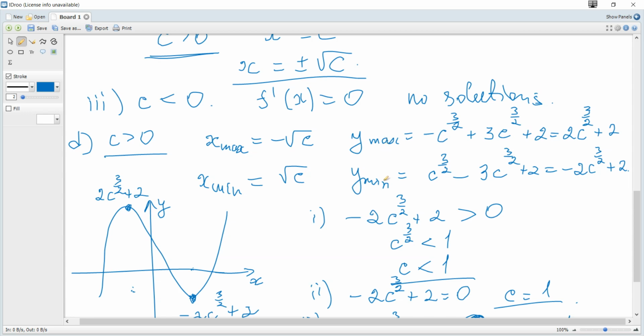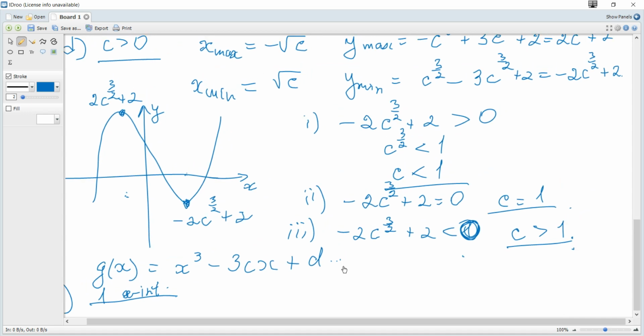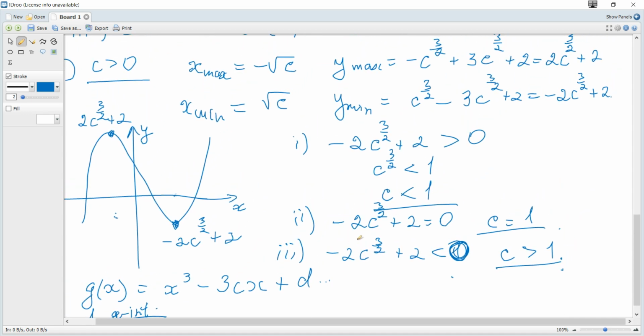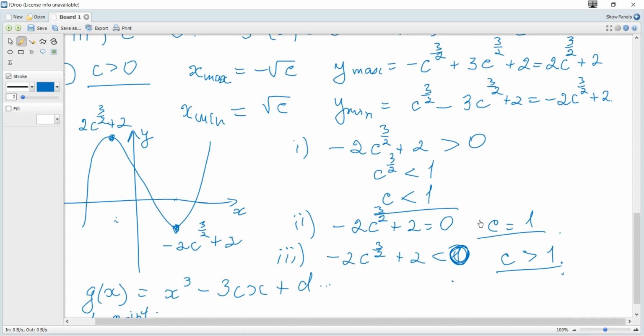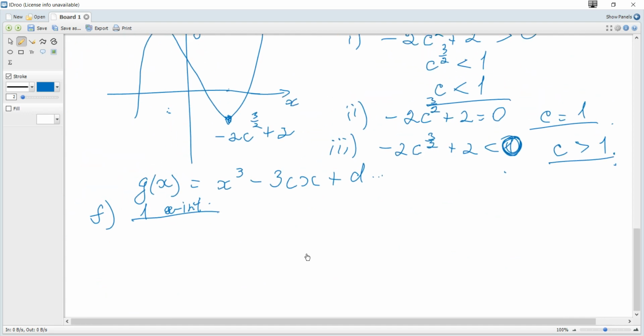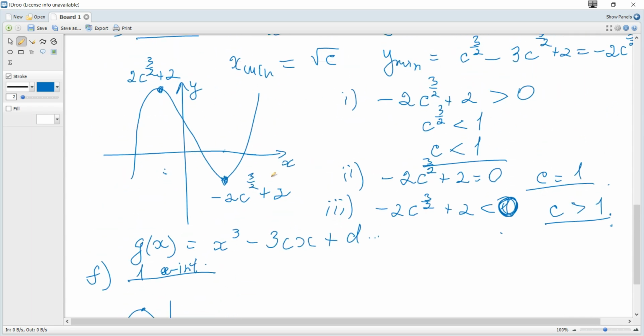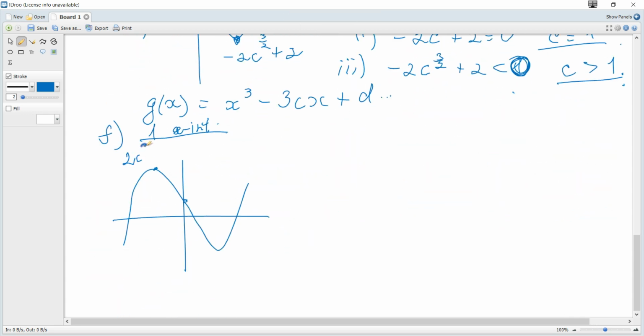But if we calculate y coordinates, we again substitute x into the expression for g, and you can check or calculate again, but we will get absolutely the same, but d instead of 2. So this point becomes 2c to the power 3 over 2 plus d, y-intercept is d, and minimum is negative 2c to the power 3 over 2 plus d.